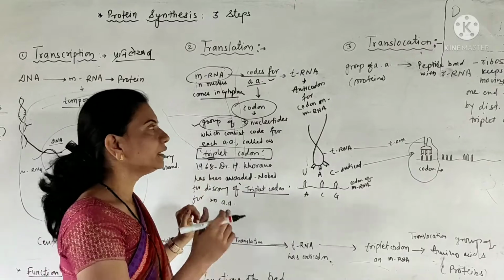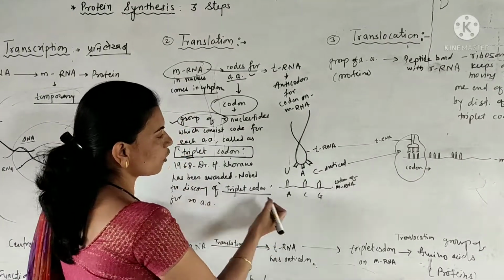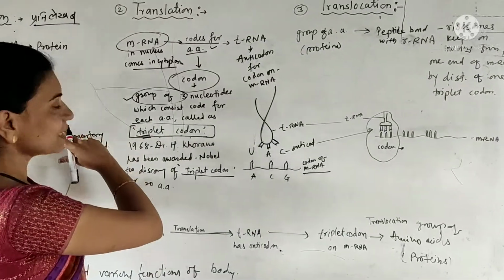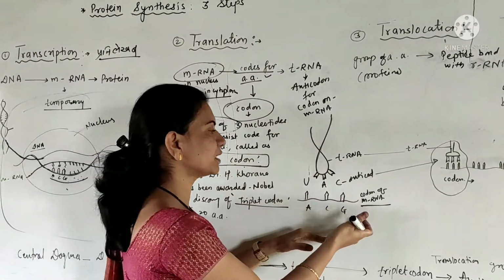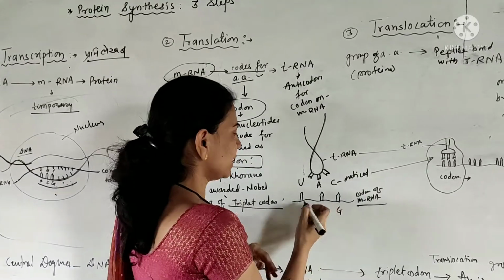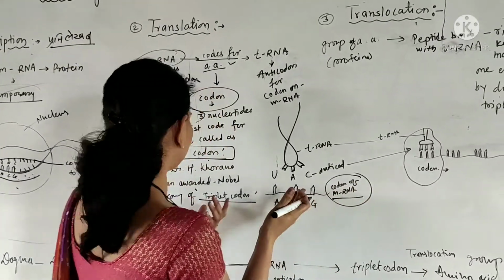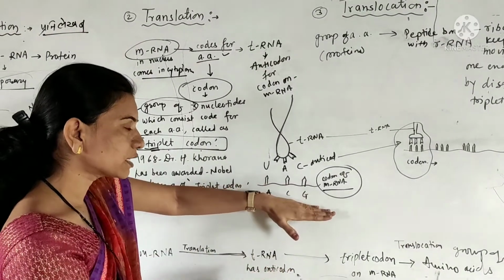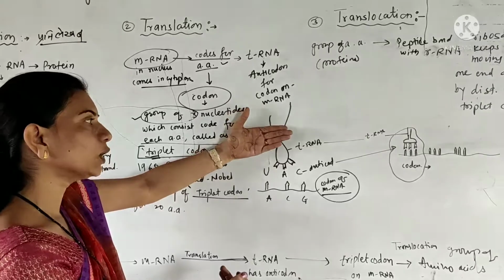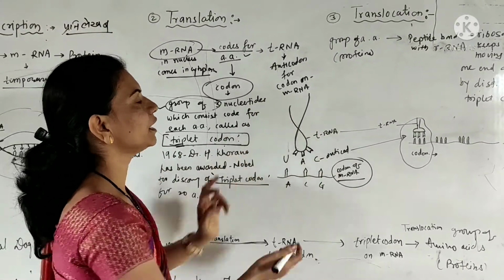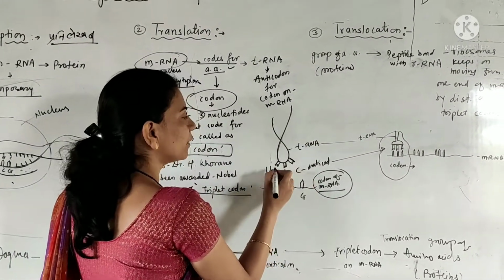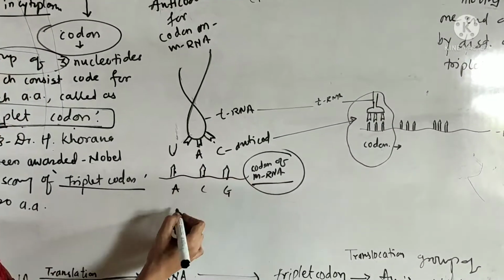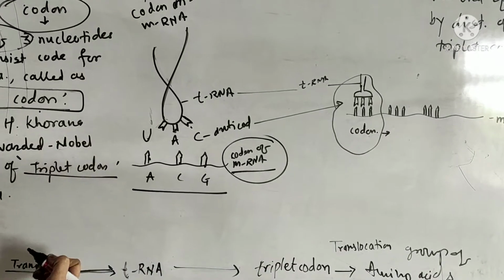What happened here in the tRNA? You know the codons on this mRNA come from the transcription process in the nucleus of the cell. On this mRNA there are codes, or we call them triplet codons. For these triplet codons, complementary codons are carried by the tRNA. This is the structure of tRNA, and on this tRNA there are complementary nitrogenous bases for this sequence on mRNA.